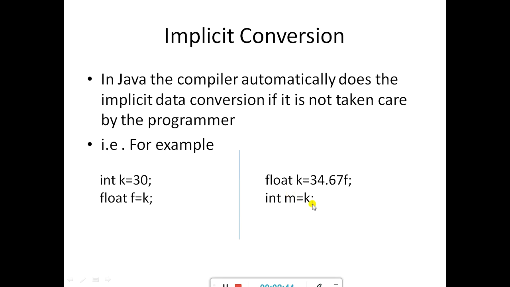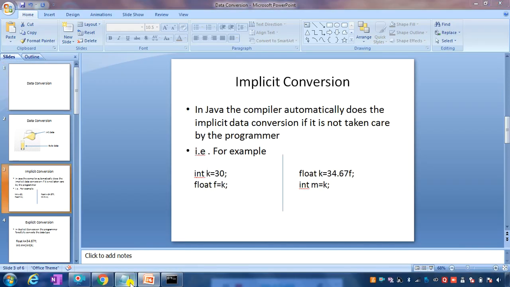Okay, so you are trying to store k which is of type float into m, so that won't be allowed. This type will be allowed, that is you're trying to store a variable of a smaller memory space into a variable of a larger memory space. So this thing, the data conversion happens automatically by the compiler, but this thing is not being supported. Okay, so we'll just see one example of this.